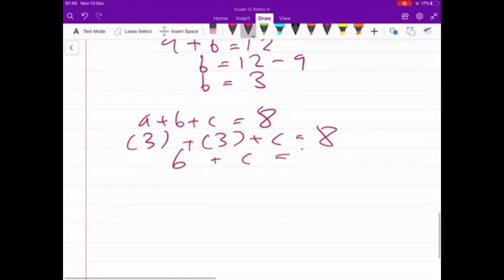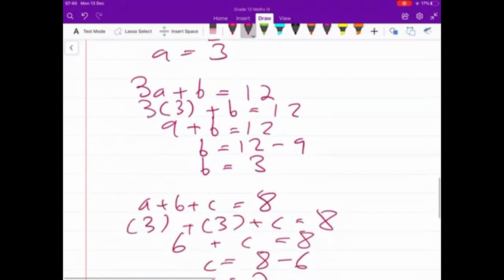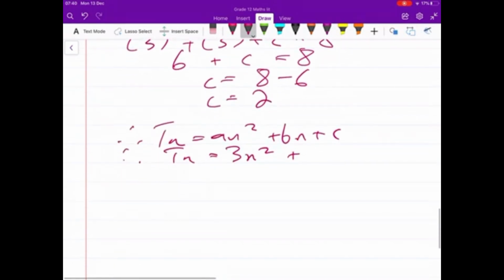That is 6 plus c equals 8. Therefore, c is 8 minus 6, which is 2. Then you know Tn equals an squared plus bn plus c. Therefore, we have found the value of a to be 3, the value of b to be 3, and the value of c to be 2.